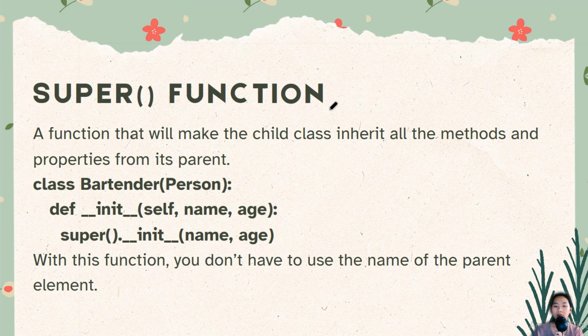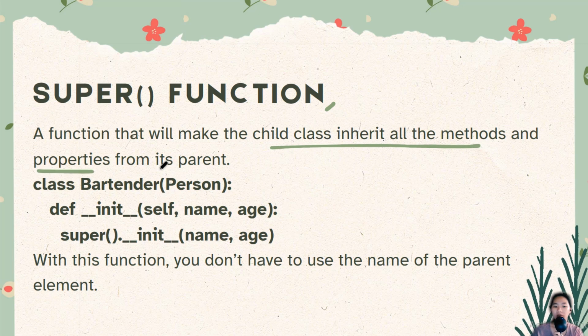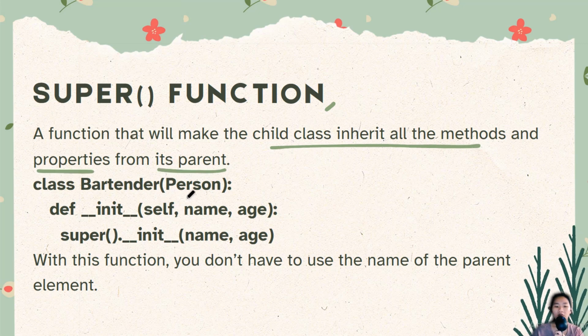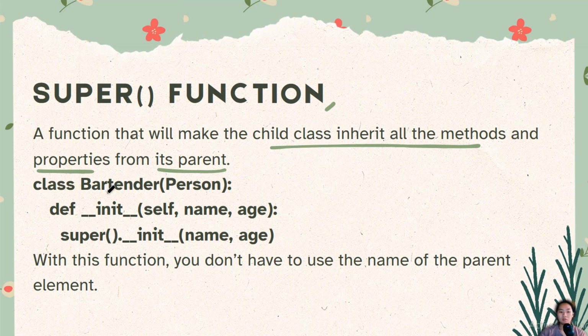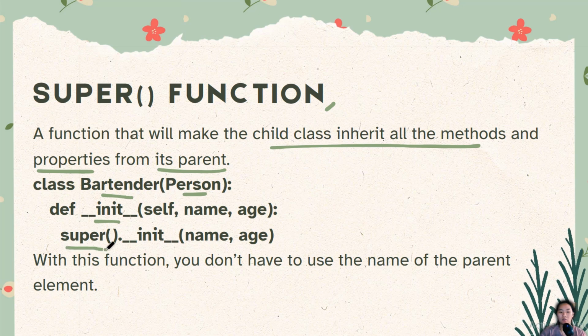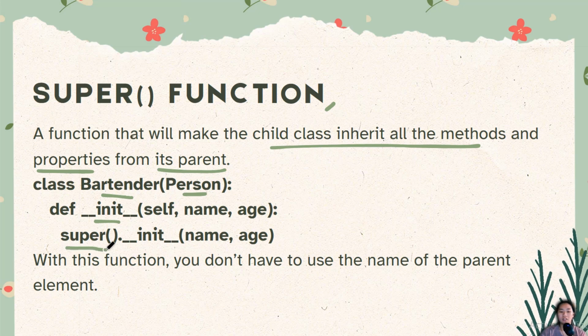Now let's move on to the super function. What it does is that it will make the child class inherit all the methods and properties from its parent. So this is the child, this is the parent, this is the init function of the child, and then we have the super function, which calls upon the init function of the parent right over here.